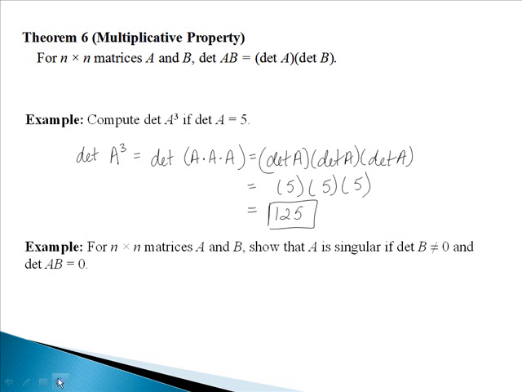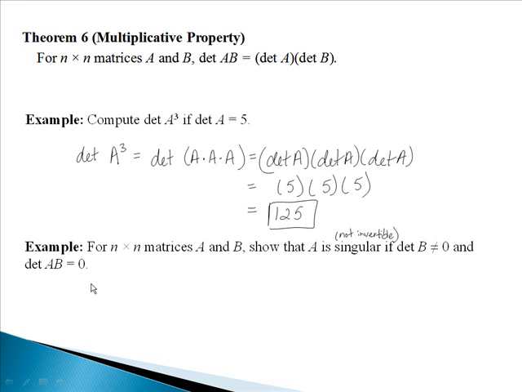In this example, for n by n matrices A and B, we want to show that A is singular if the determinant of B is not equal to 0 and the determinant of AB is equal to 0. When we say singular, we mean not invertible. We want to show A is not invertible.